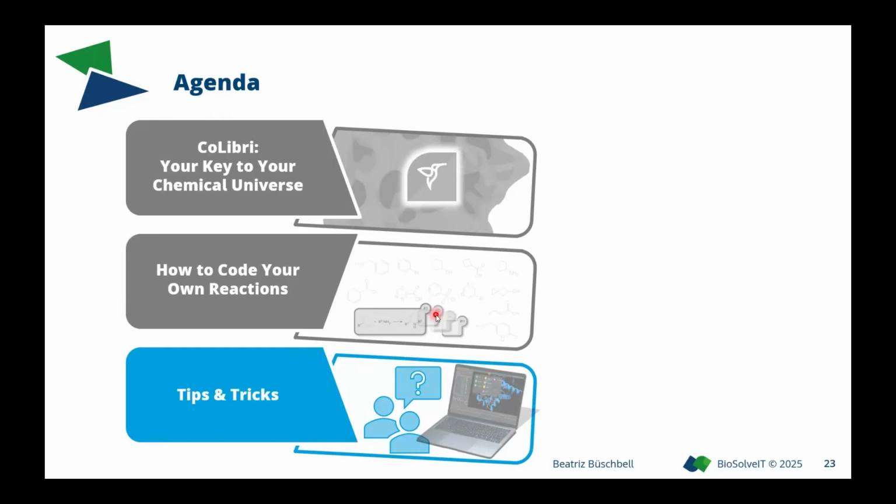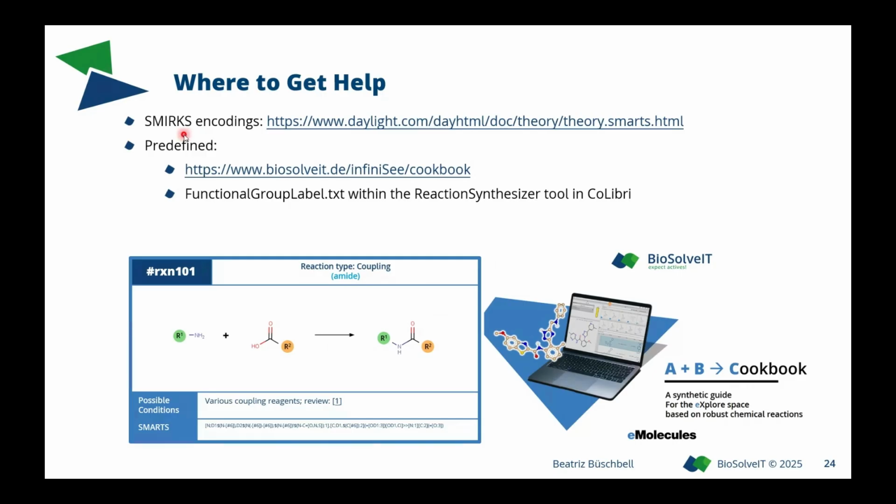Okay, coming to the last part of my talk, tips and tricks and where to get help if you want to do your own chemical space and you start with basically no experience. You can find SMARTS encodings on this Daylight page. They also give you a lot of information on the theory, how SMARTS works, what all of these symbols mean.